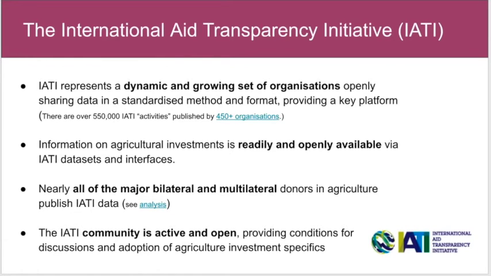When we actually undertook this analysis, there were just about 400 organisations publishing data in the IATI format, and in the past couple of months that's increased by 50 or so, mainly Dutch NGOs. So IATI really is a dynamic and growing set of organisations openly sharing data in a standardised way.